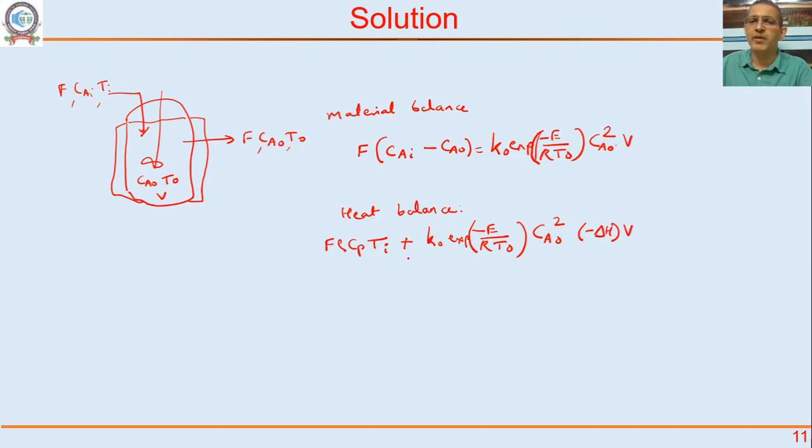Whatever comes in plus what is generated plus what is added. There is steam condensing here. Condensed. What is added is heat transfer from jacket to the vessel: U A, temperature of steam minus temperature inside the reactor.